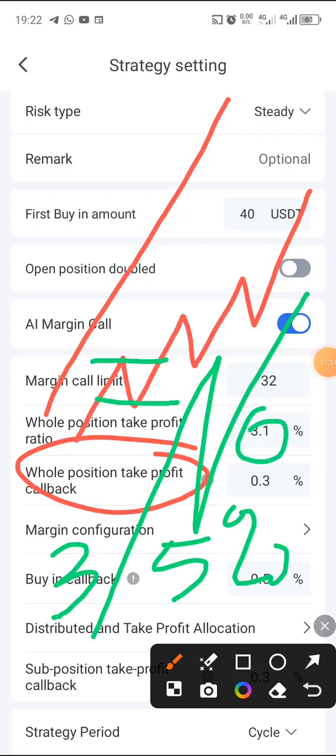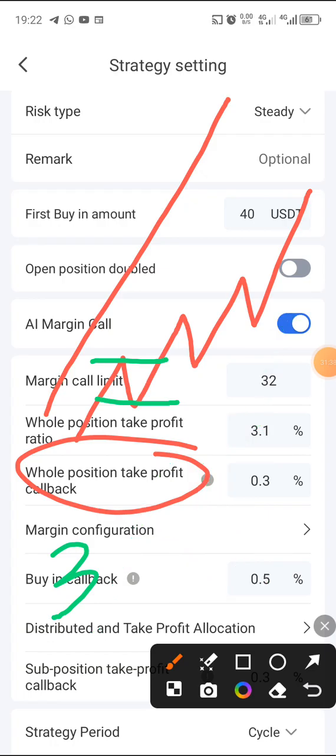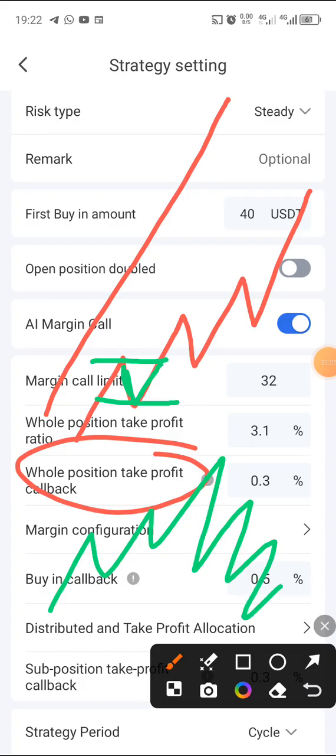So what is the take profit callback? The callback is this percentage here when the market tries to make a retracement. Remember, the robot doesn't want you to make a loss. And at any time, markets can change from an upward trend to a downward trend like this.